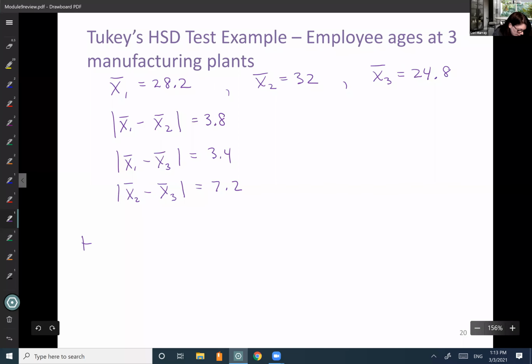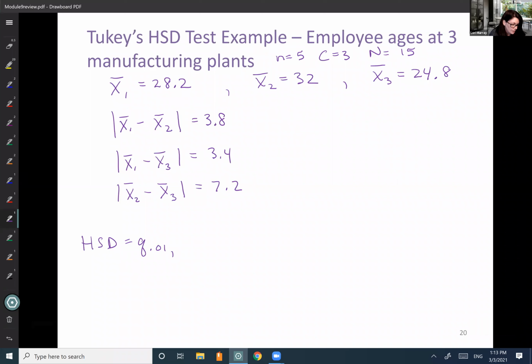We then calculate the HSD, so the Tukey test, and we can get our Q. For this, we'll use 0.01 for alpha, and because there are 3 manufacturing plants, C is equal to 3, and there were 5 observations from each plant, so N equals 5, and 5 times 3 is 15 total observations, so 15 employees.